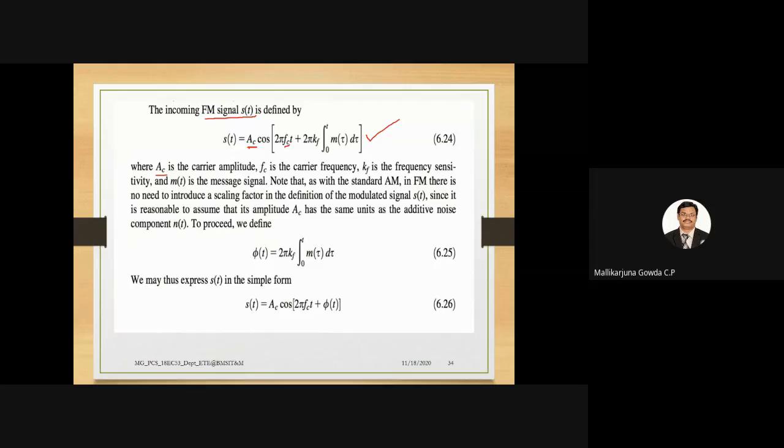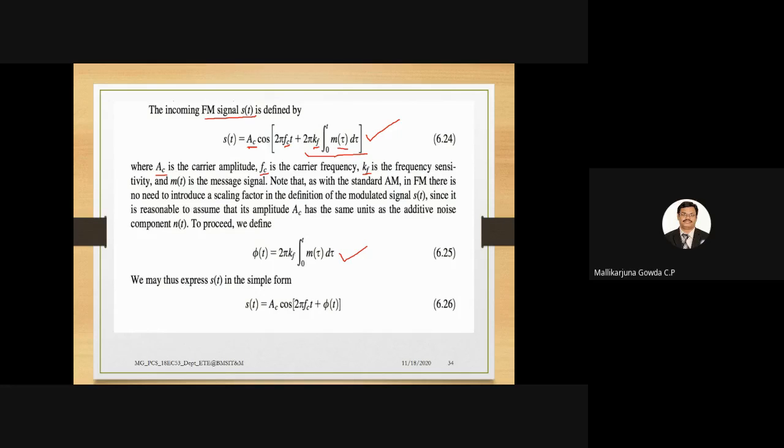A_c is the amplitude of the carrier, and f_c is the carrier frequency. What is this k_f? Similar to k_a in AM, here k_f is the frequency sensitivity, and m of t is the message signal. To put it in a simple manner, I can express 2 pi k_f integral 0 to t m of tau d tau as phi of t.